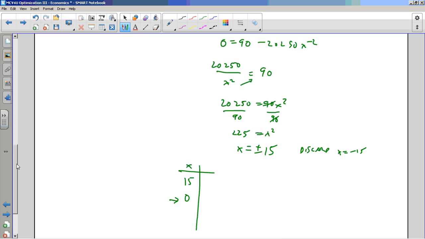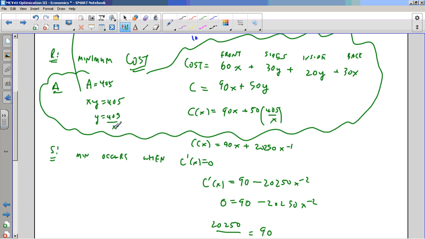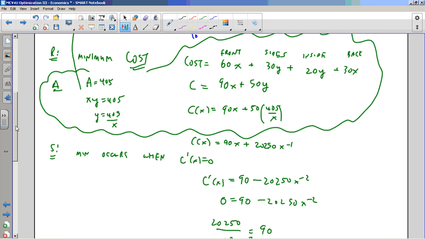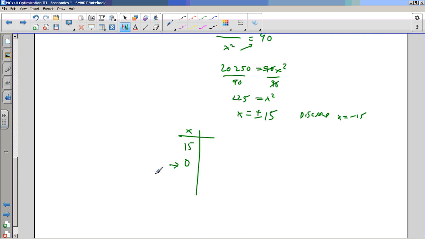It could be, what could it be if it was just fencing along the sides here? Well, I suppose if I look over here, what would be the maximum value of X? Well, X could be just about anything, I suppose, because Y could be really, really small, but we might think of it maybe being something like 405.